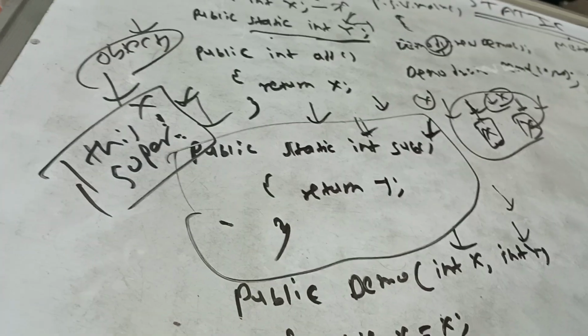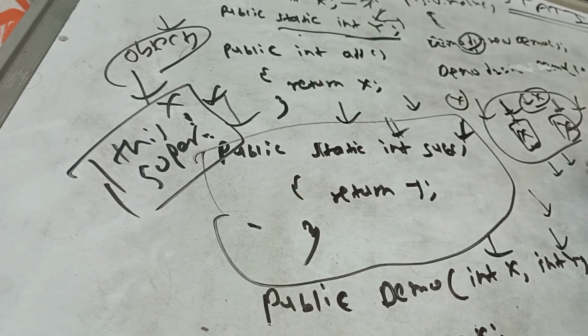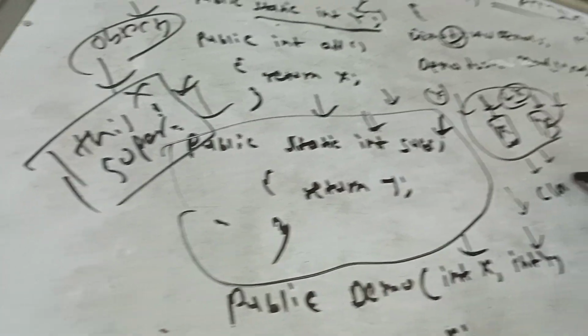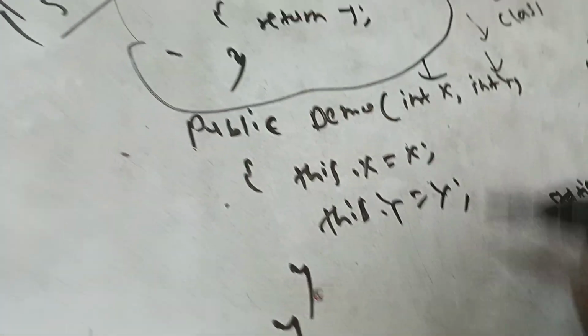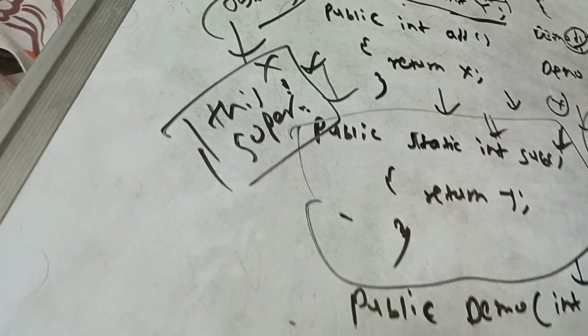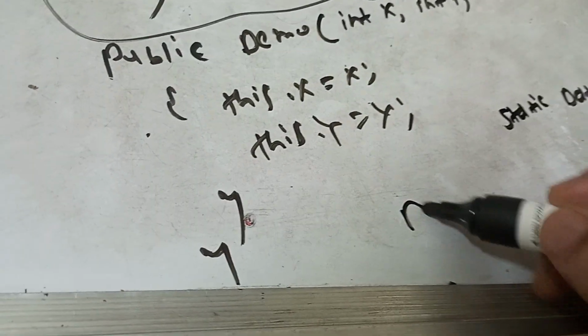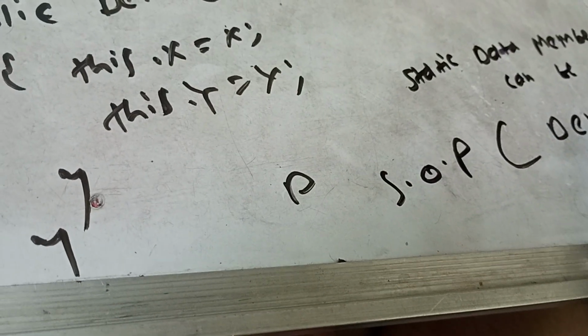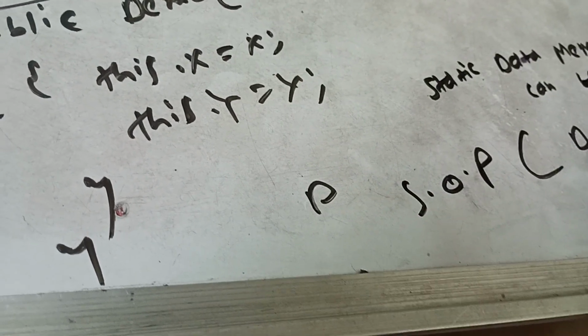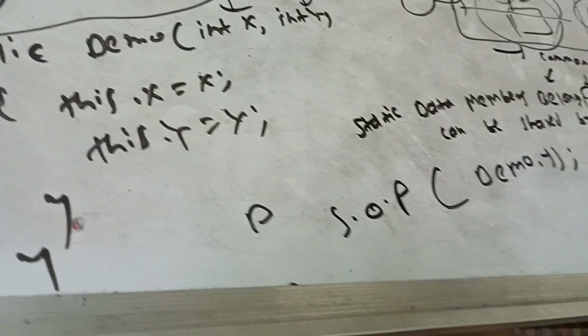We can access the static variables and static methods by using the class name. Here, let's say my class name is Demo. If I want to access the static variable y, I can access it using the class name: System.out.println(Demo.y).